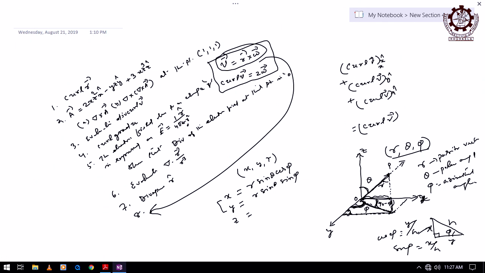Sin of 90 minus phi is again cos phi. Which length do you want to take, you multiply by which length you tell. R sin theta is all right, right? Then what to multiply to get the x component?